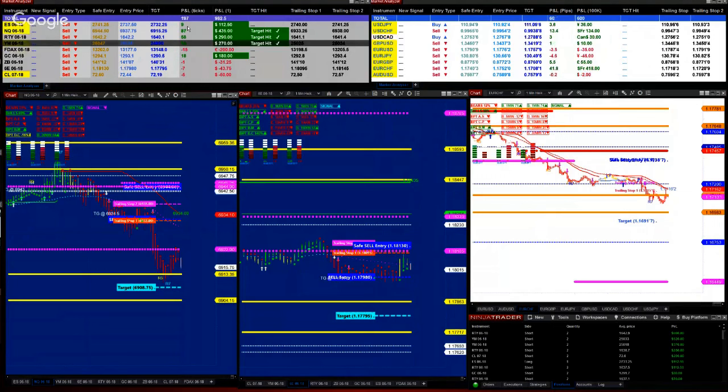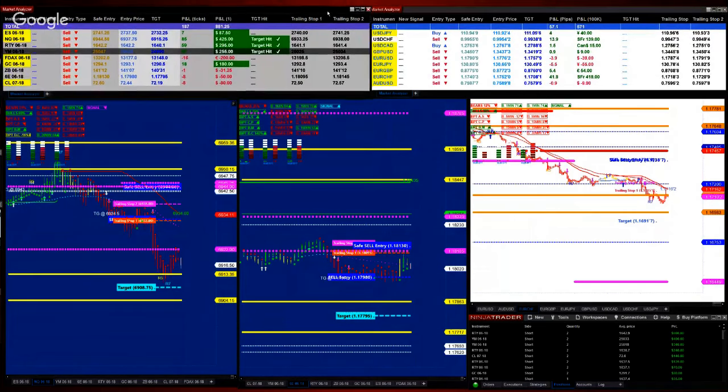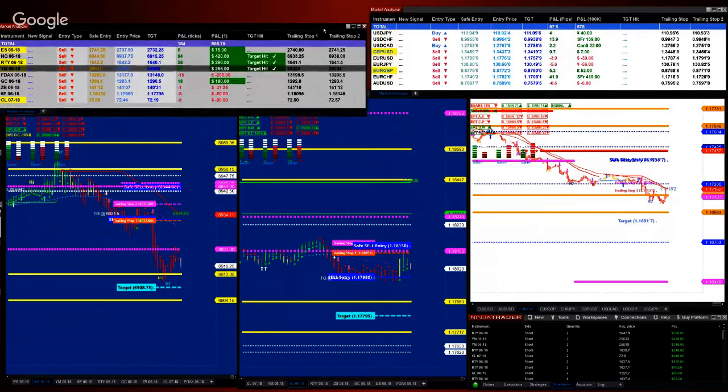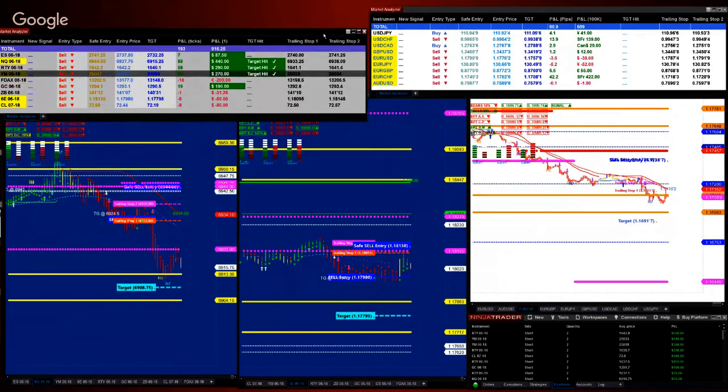Your P&L is based on the ticks, and then the total amount of it. It seems like the top is cutting off, so I'm probably going to lower it a little bit. I hope you can see that. If you look on the top, I'm going to lower this one here.